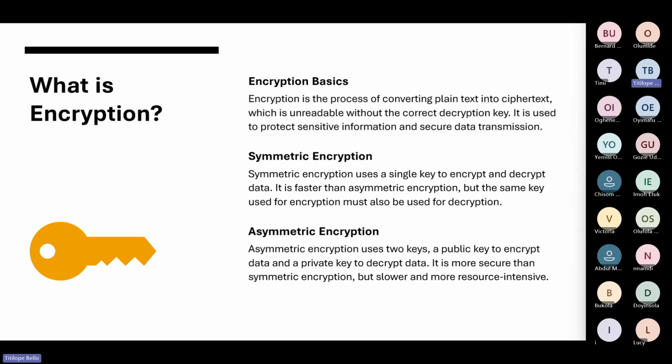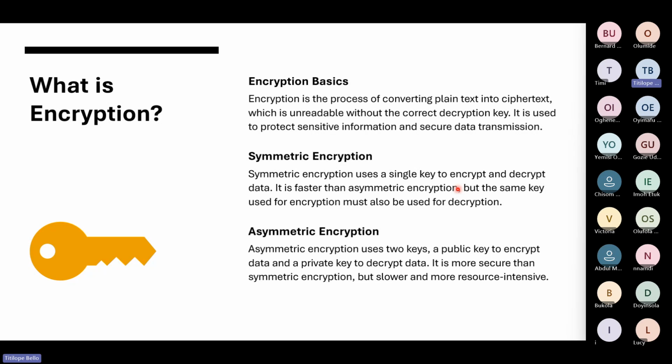And when we talk about symmetric encryption, it has to do with the way the keys are being used, right? When you use symmetric encryption, it uses what we call just a single key. There are two parties or two things involved. You need to have two keys.